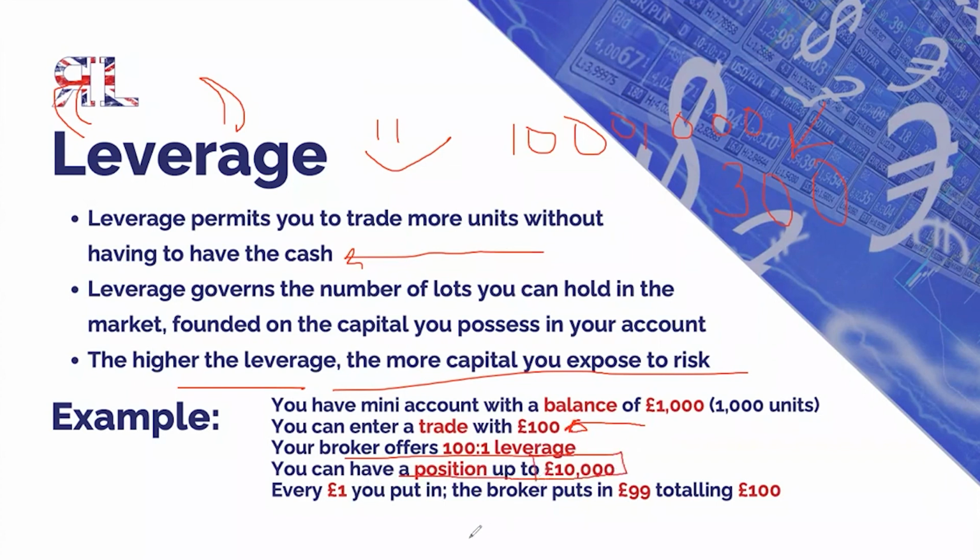So you can start trading 10,000 pounds or dollars with only 100 of it, because for every pound or dollar that you put in, your broker is going to give you 99 to make up the 100. So you can see how you can really maximize your profits by using leverage.